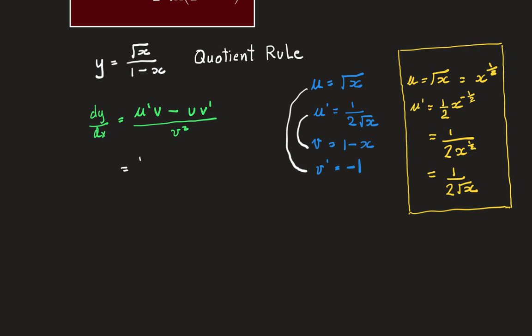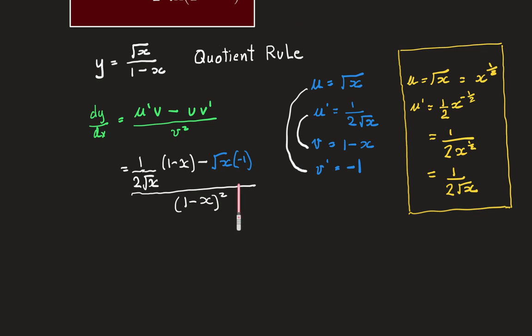And that'll be 1 over 2 root x multiplied by 1 minus x, take away root x, and multiplied by minus 1. All this must be divided by 1 minus x, and that needs to be squared.